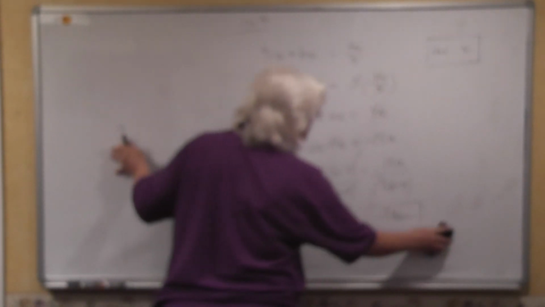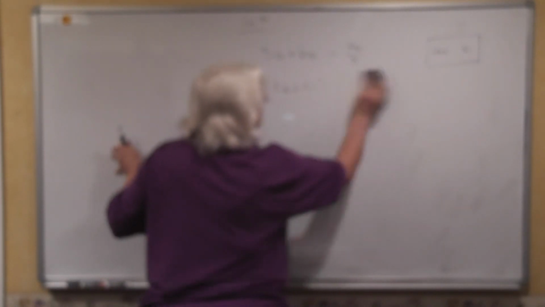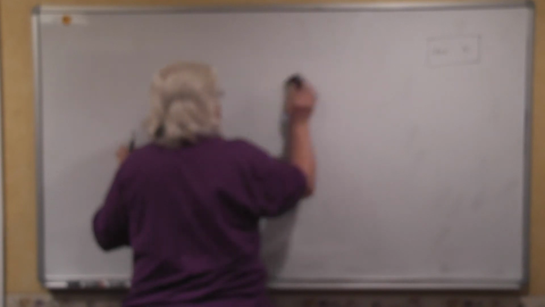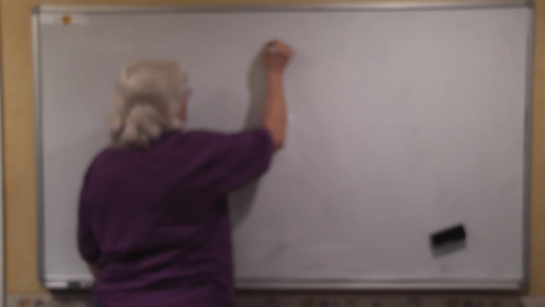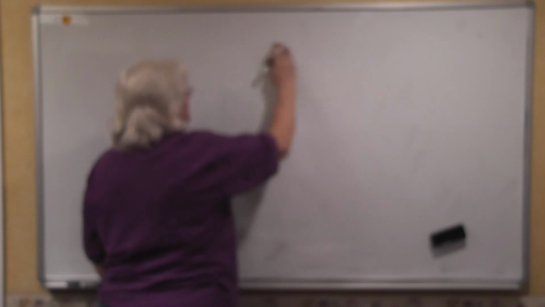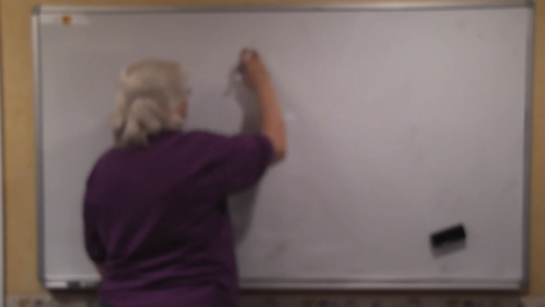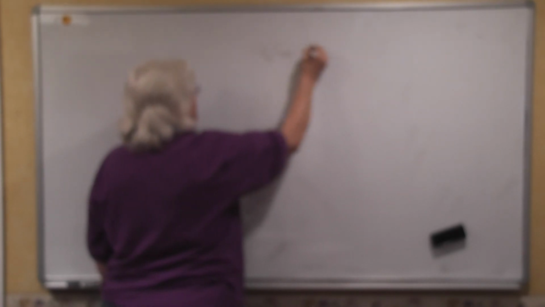One last example that I have to show you, example number 4. And I'm not going to do an extra one, but example number 4 says V is equal to E cubed for E. V is equal to E cubed.